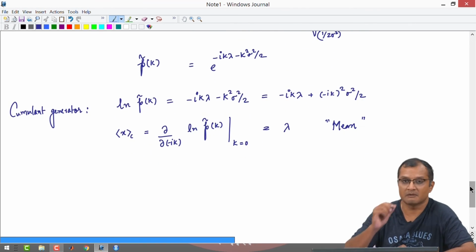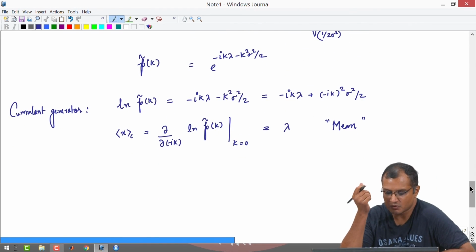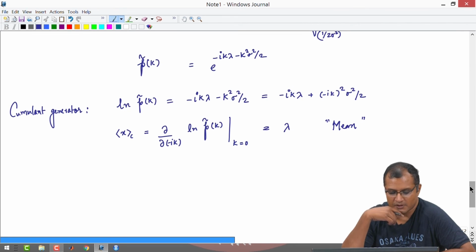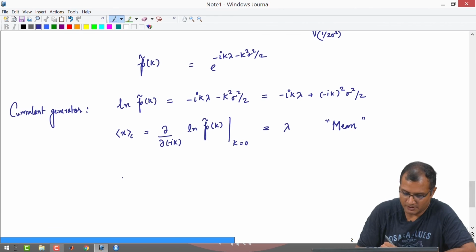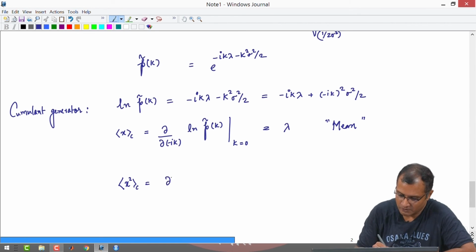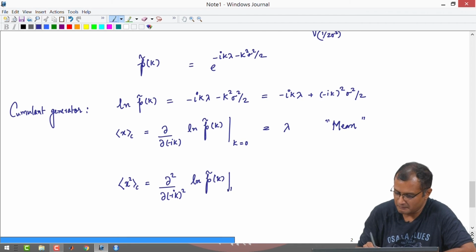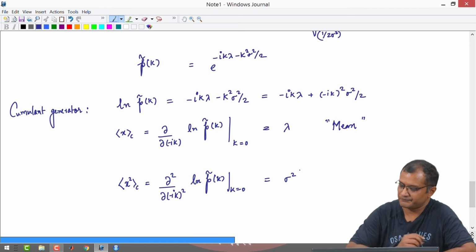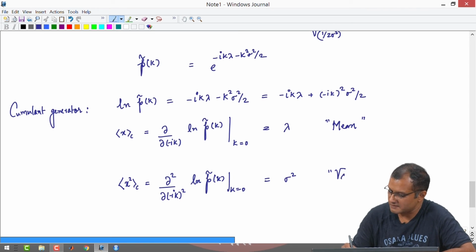Okay. Lambda was declared as the mean, and so it is not surprising to me that the first cumulant is lambda. Let us see what is the second cumulant. The second cumulant is the second derivative of the cumulant generator at origin, which is nothing but sigma square. We call this the variance.